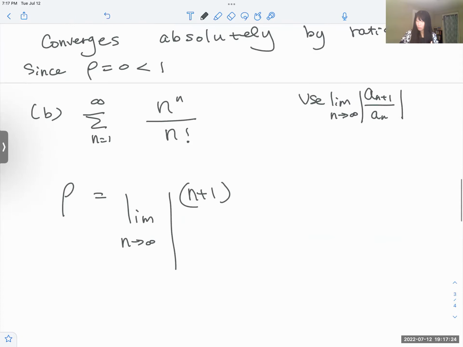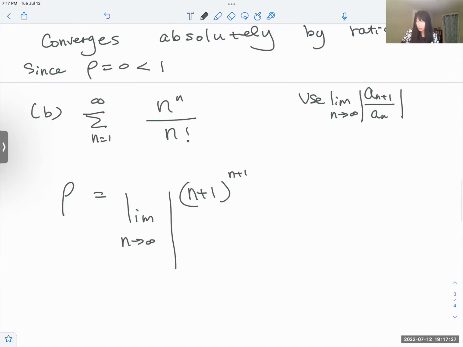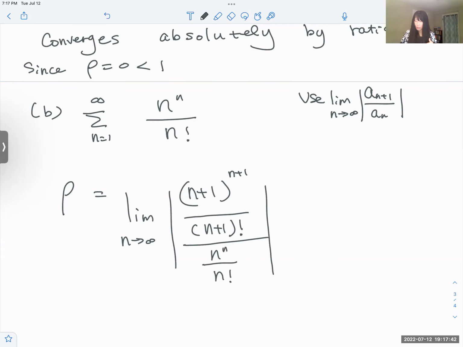So it's a sub n plus 1, n plus 1 to the n plus 1 over n plus 1 factorial, over, we're gonna rewrite the a sub n, n to the n over n factorial. Can we do anything here?